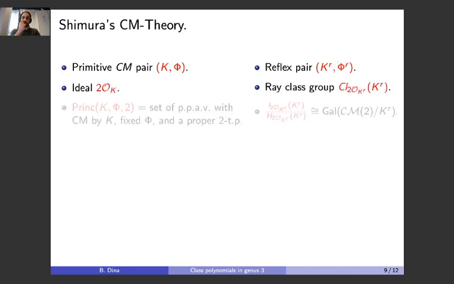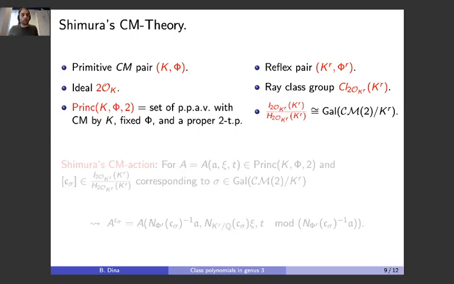Since we are interested in points of order 2, we are picking the ideal 2, and on the other side we are computing for a certain group homomorphism the ray class group of K^R for the modulus 2. We are interested in this set of principally polarized abelian varieties for a fixed CM type and a proper 2-torsion points, which we define here by Prim(K, phi, 2).